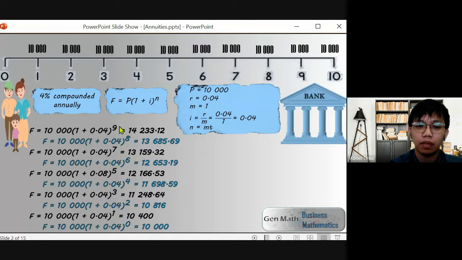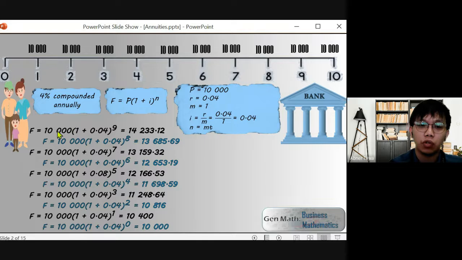The value of n for our first 10,000 will be 9, because the length of time of this 10,000 is, as we said earlier, 9 years until the time that we withdraw the savings. And 9 times 1, where m is given to be 1, is still 9.